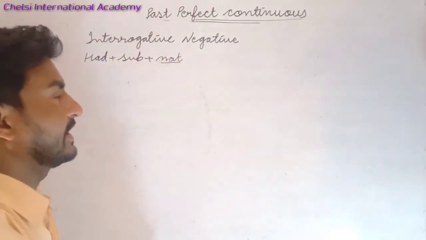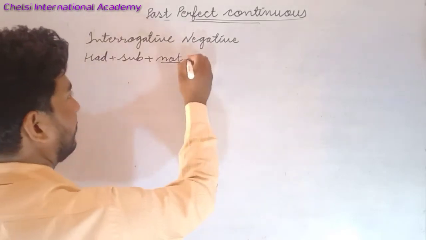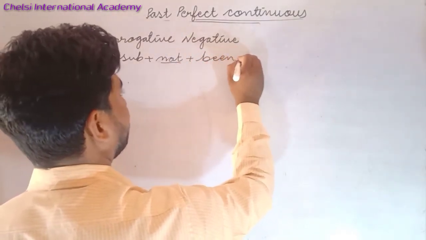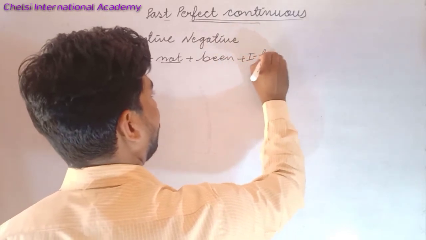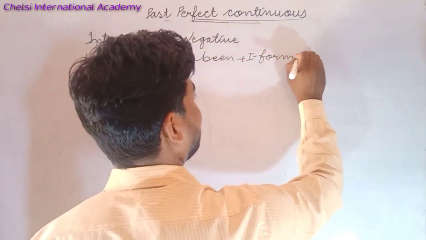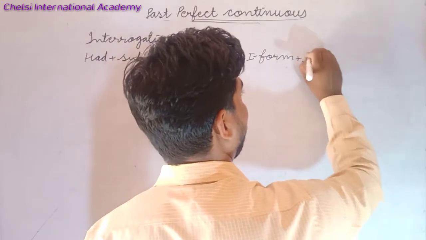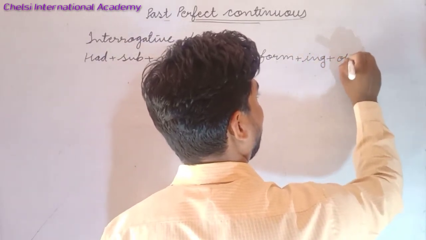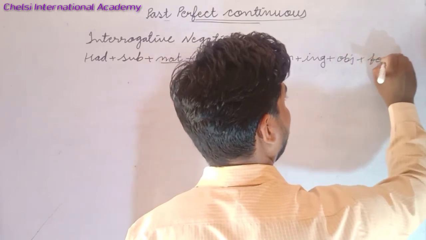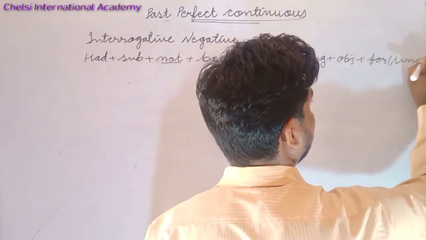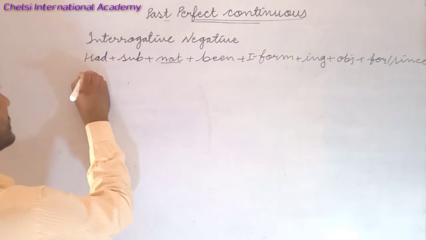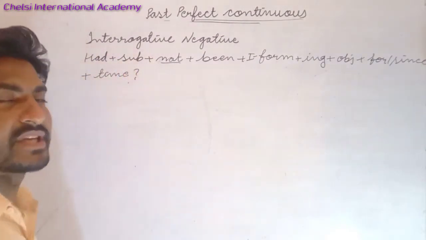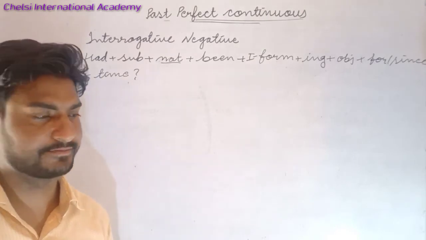In interrogative negative sentence, plus been plus first form plus ing plus object for since plus time, interrogative sign at the end of the sentence.